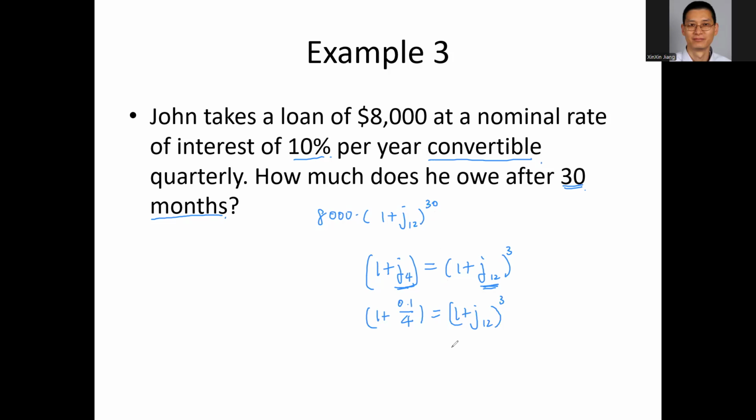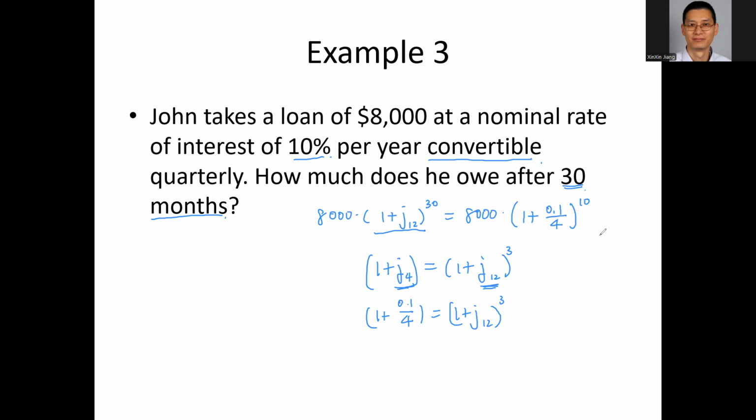Another way of looking at it is actually 8,000 times 1 plus J12 to the third, which is 1 plus 0.1 over 4. So you would have this thing. It should be the same.